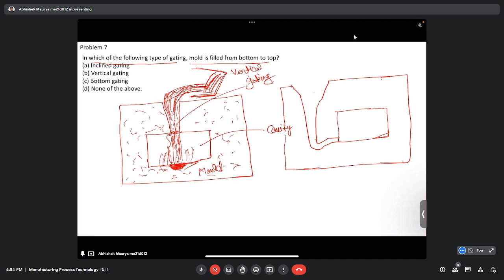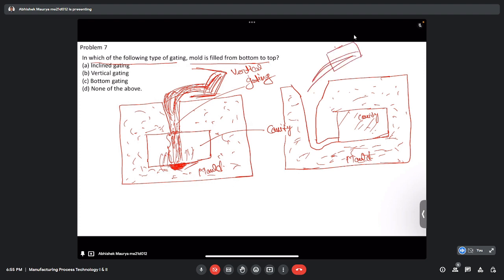Again this is our cavity, and these are the regions of the sand, or this is the mold, and we are filling this cavity from here.